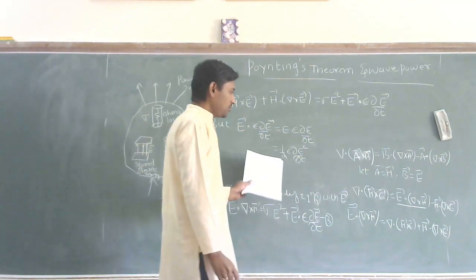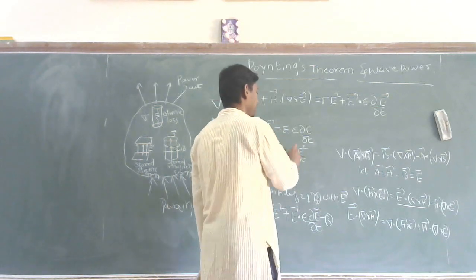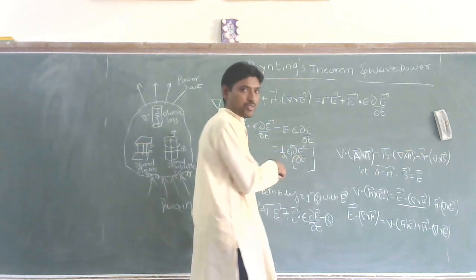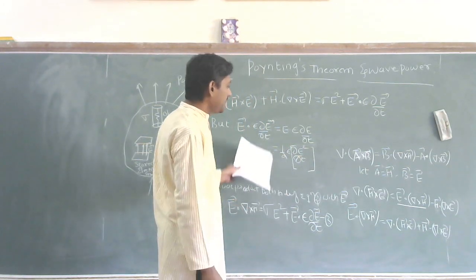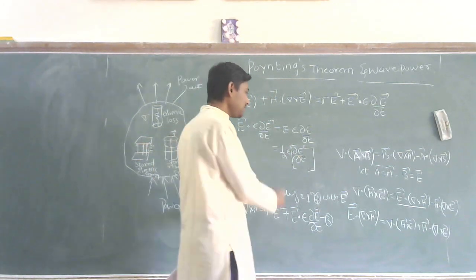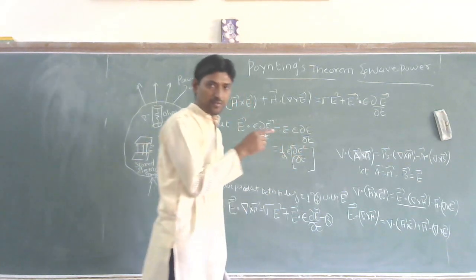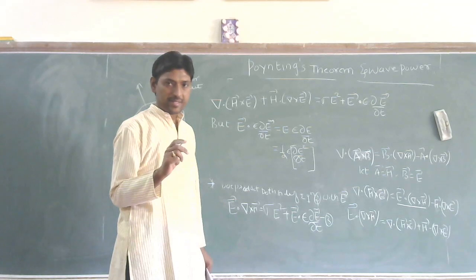Now, why is this so? It's quite simple; we can try to convince ourselves by back propagation. I will start from here and come back over here. E is a function of both space and time.